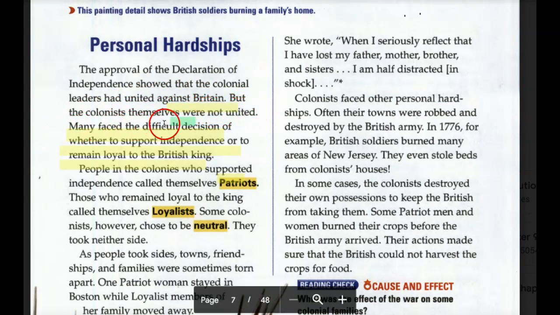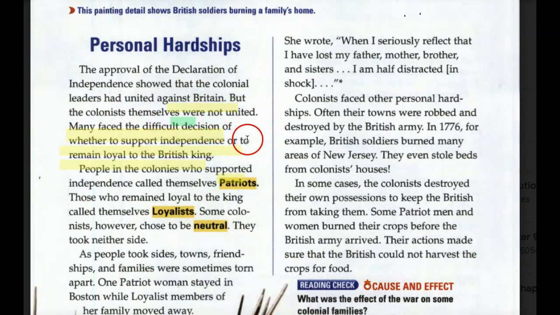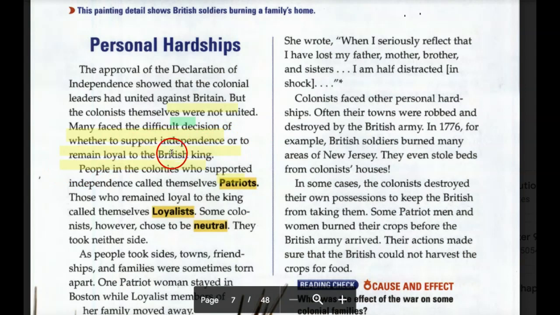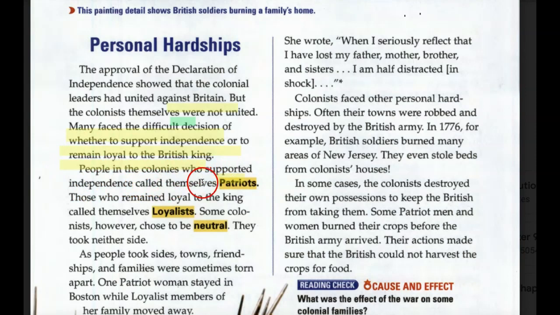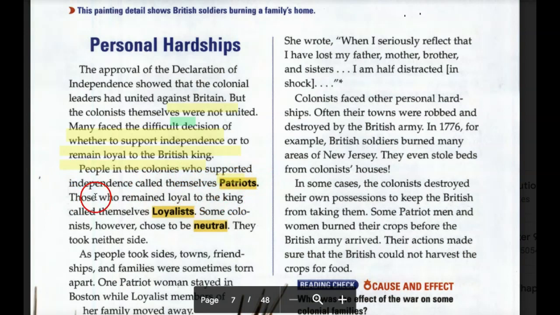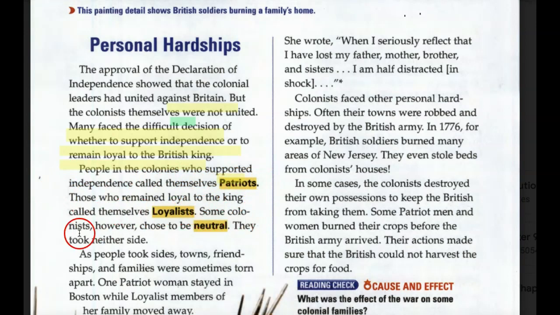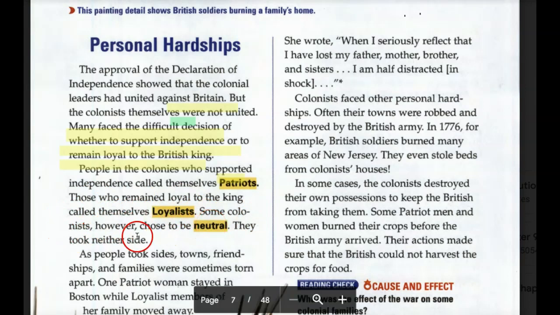Many faced the difficult decision of whether to support independence or to remain loyal to the British king. People in the colonies who supported independence called themselves patriots. Those who remained loyal to the king called themselves loyalists. Some colonists, however, chose to be neutral. They took neither side.